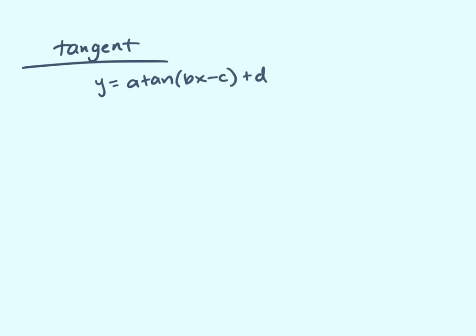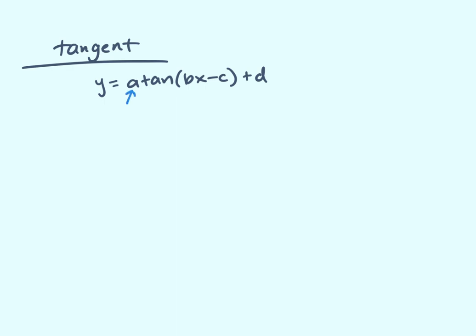Then came tangent. So remember, tangent's process is completely different. We would get y equals a tan bx minus c, and it could have d, which would be the vertical shift. A is still what's attached to the front of the trig function. It has to be multiplied by it.